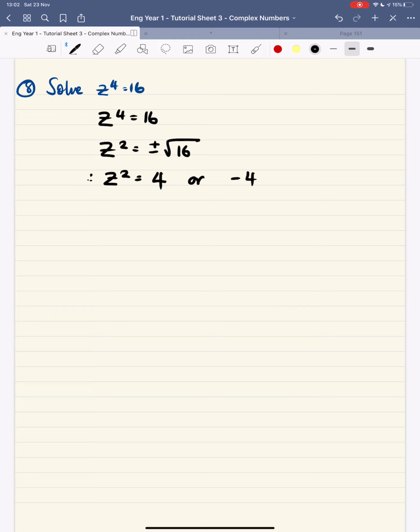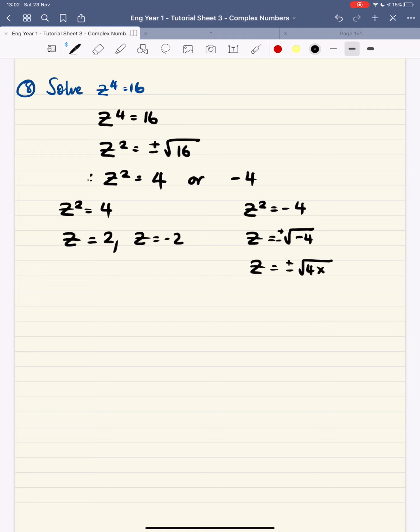If we've got Z squared is 4, Z is going to be 2, or Z is minus 2. If we've got Z squared is minus 4, Z is plus or minus the square root of minus 4. So it's plus or minus the square root of 4 times minus 1. So it's plus or minus 2j. So if Z to the 4 is 16, Z is 2, minus 2, 2j, minus 2j.